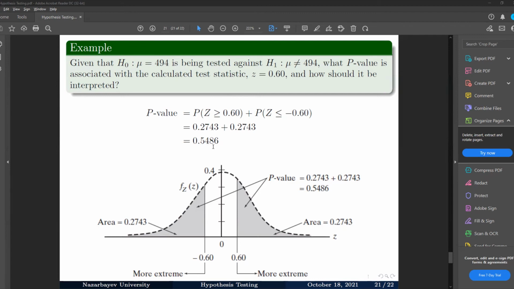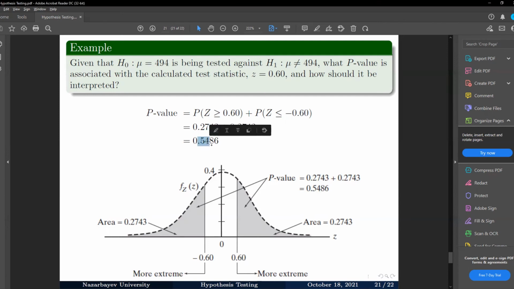which basically means the probability of getting as bad or worse a sample than we got here, if we assume that the null hypothesis is true and the hypothesized mean is equal to 494. As you can see, this probability isn't so small.